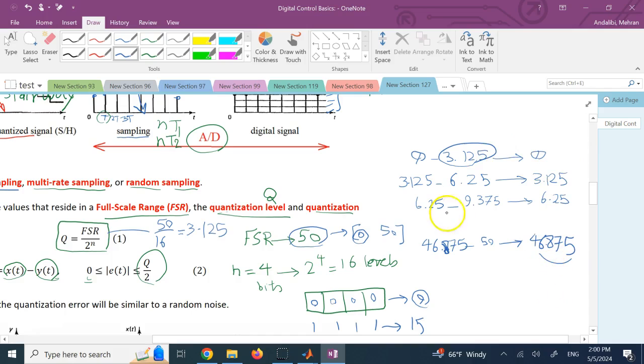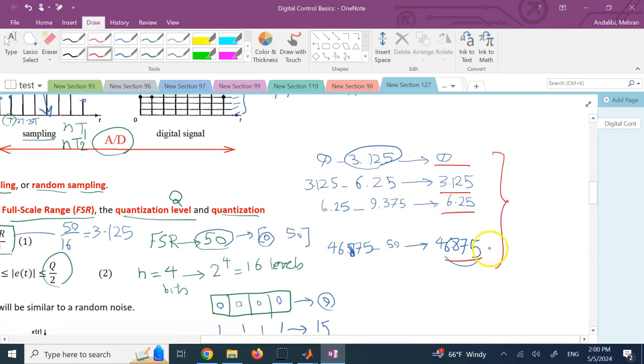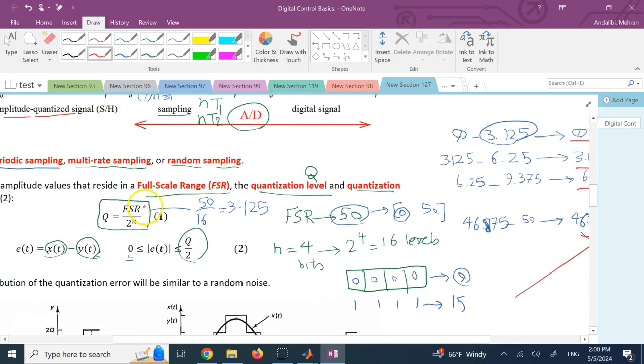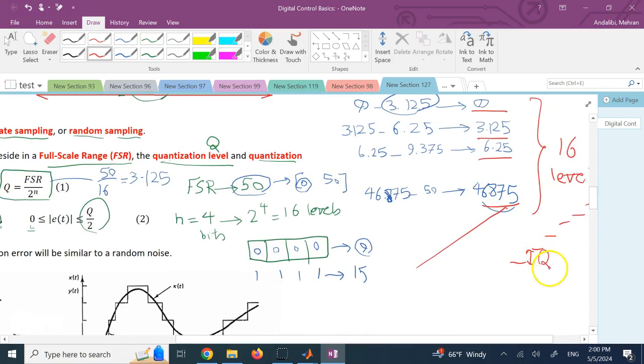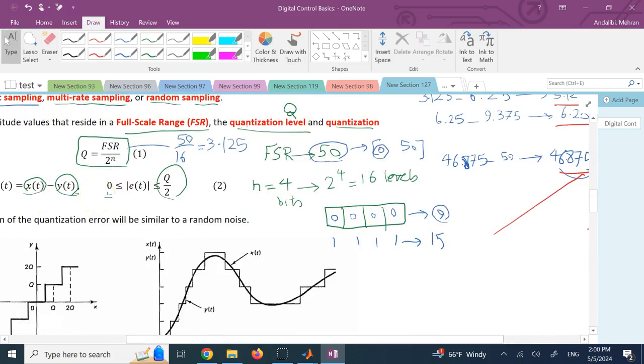You see, so now this continuous range of 0 to 50 is only broken into 16 different numbers. You have to use one of these 16 different numbers and show that continuous signal between 0 to 50 now only at these 16 different levels. So this distance between each level and the next is exactly this Q that you have at full scale range divided by what? 2 to the n.